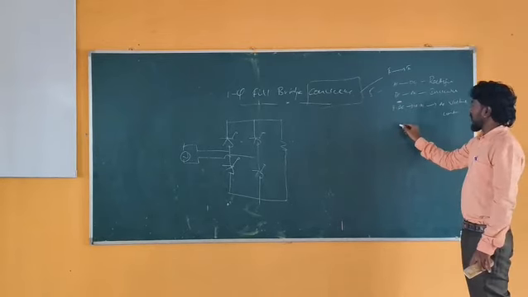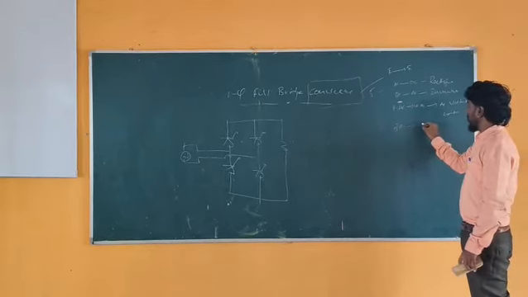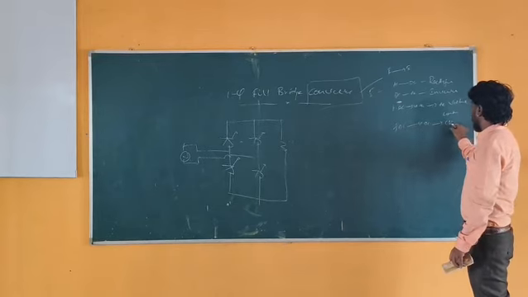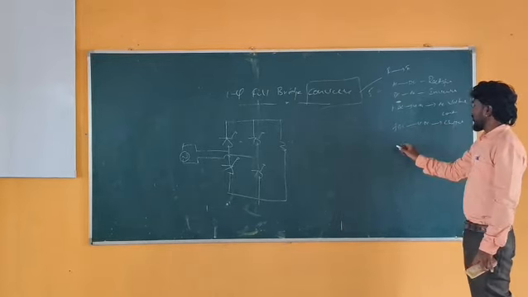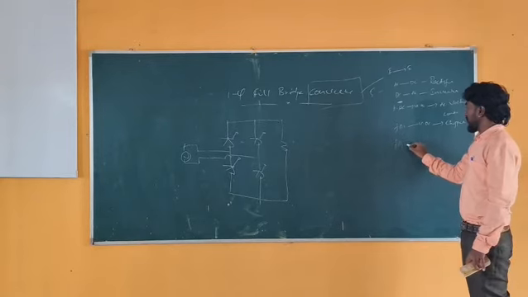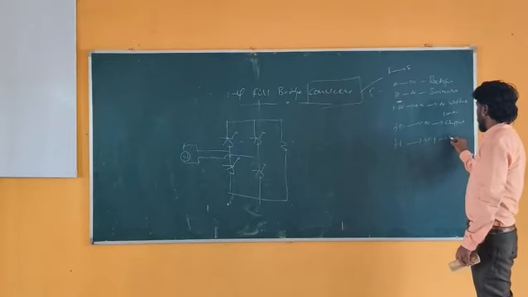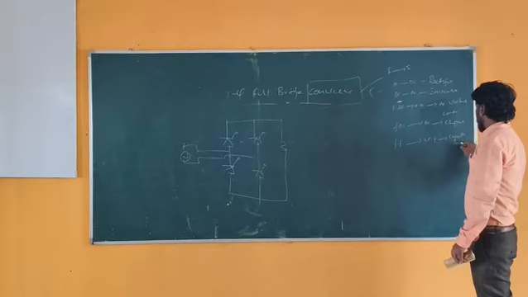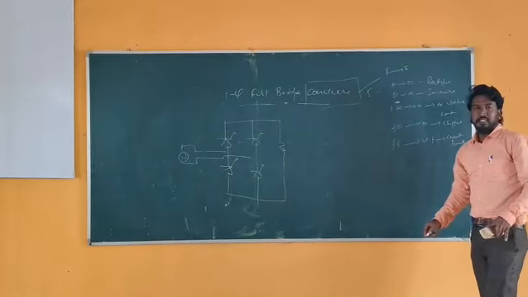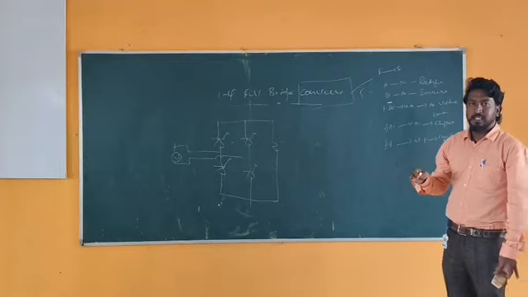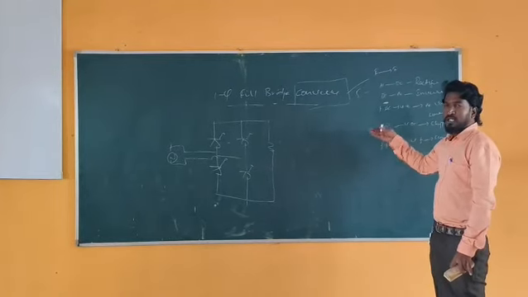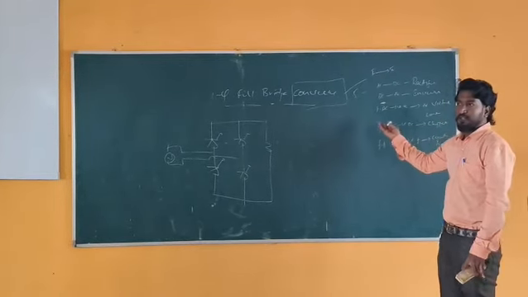The converter which converts fixed DC to variable DC is a chopper. And the converter which converts fixed frequency to variable frequency is a cycloconverter. A converter converts a waveform or voltage of one form to another form.